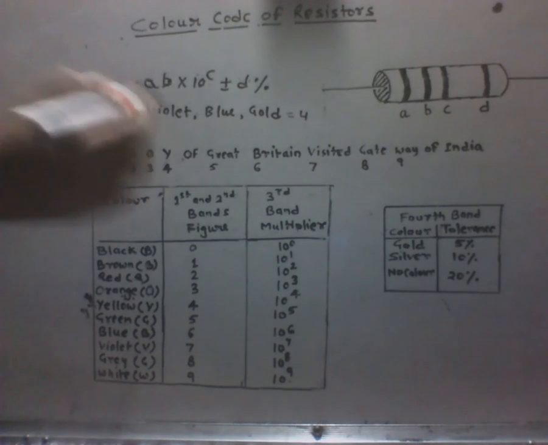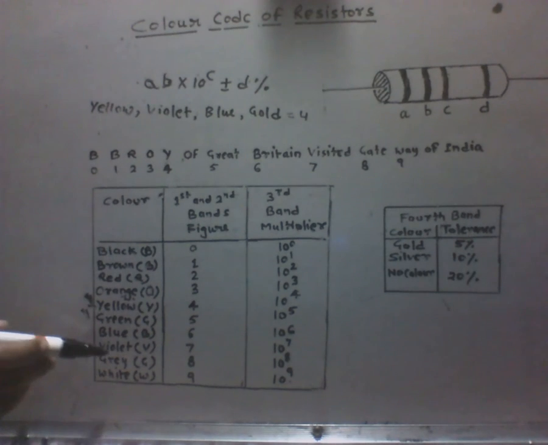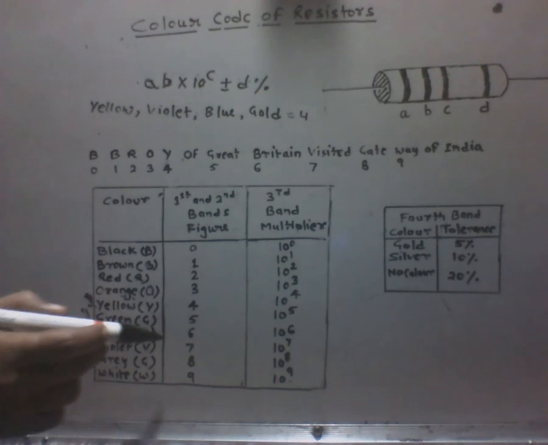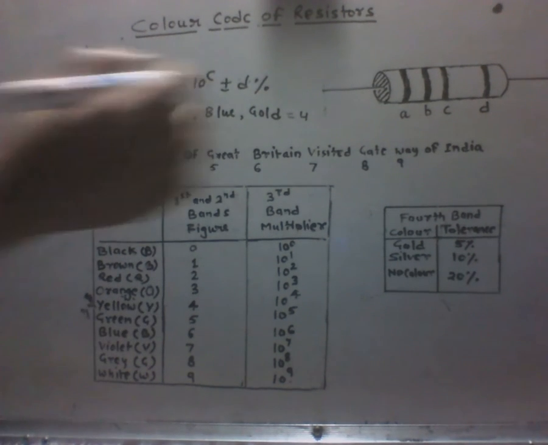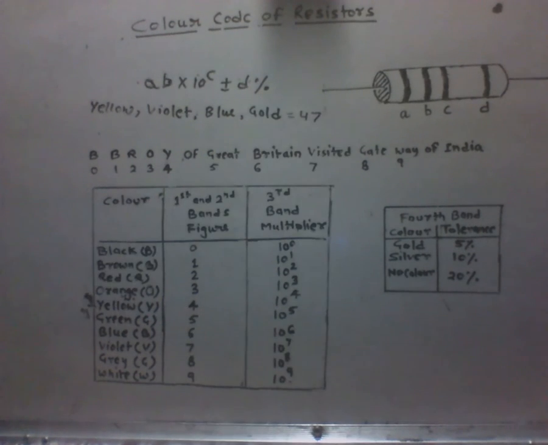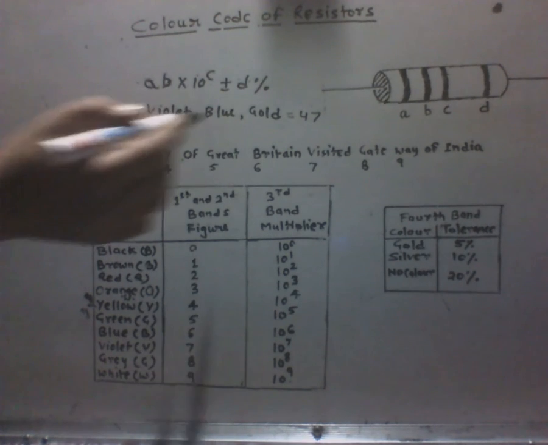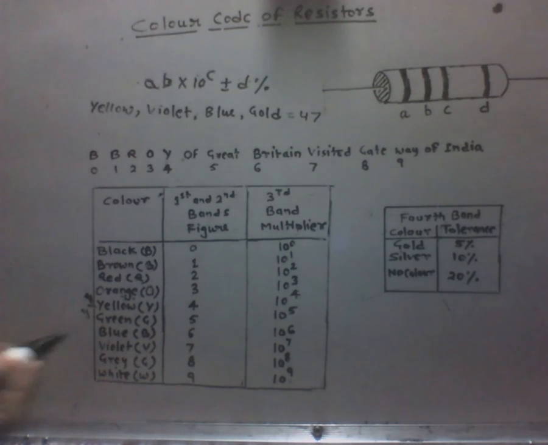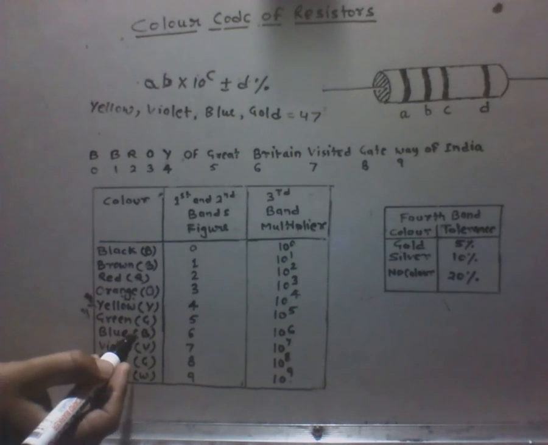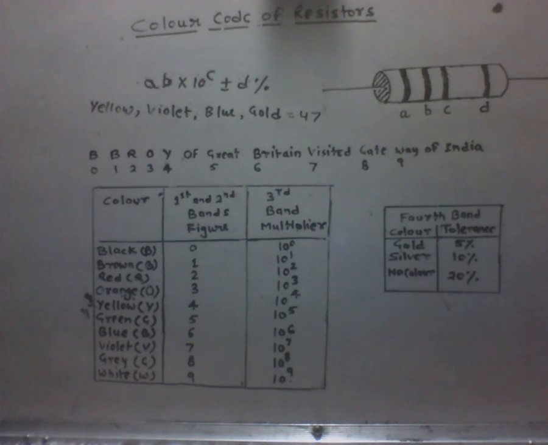The second color is violet. This means the value of violet is 7. So it is 47. Now coming to the third band, it is blue, and the value of blue for the third band is 10 to the power 6.